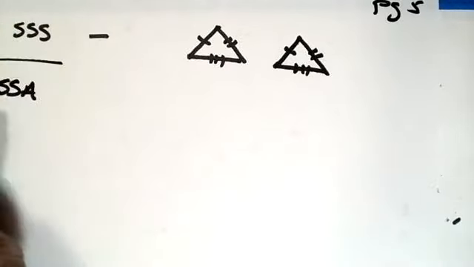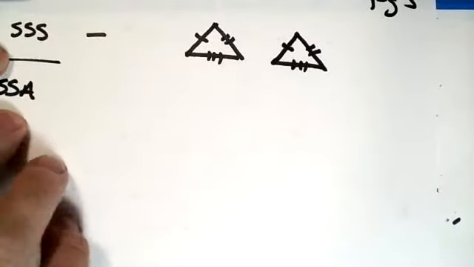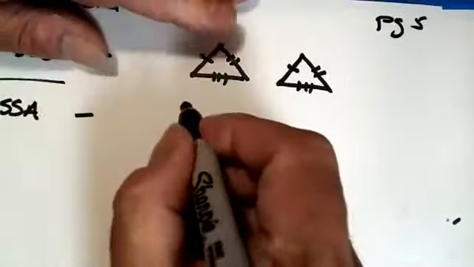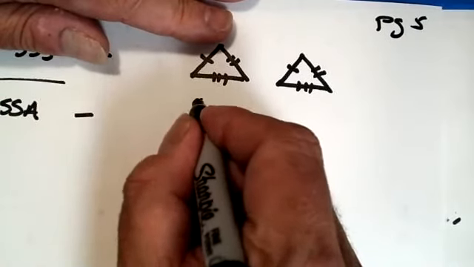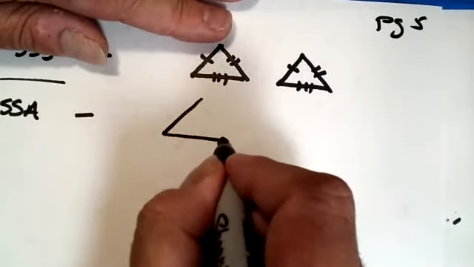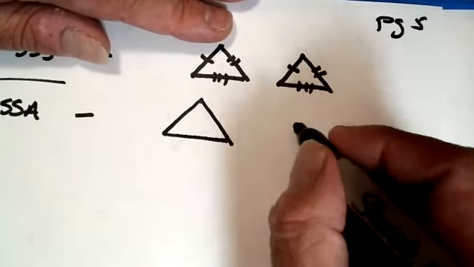I want to be careful here: these do not lead to congruence. Side-side angle leads to two possible arrangements, so let me draw these two triangles and show you why it doesn't work.